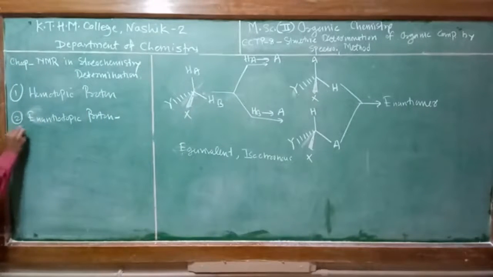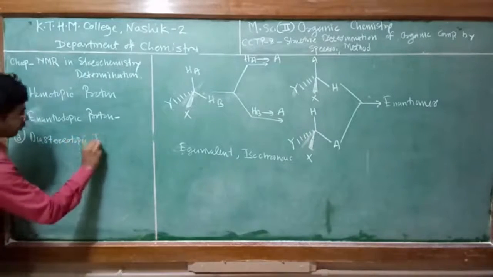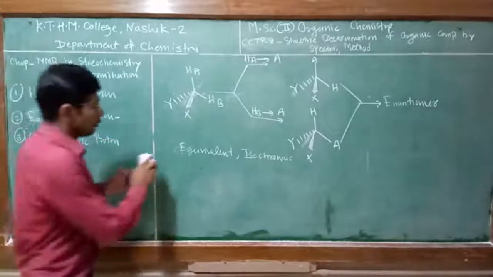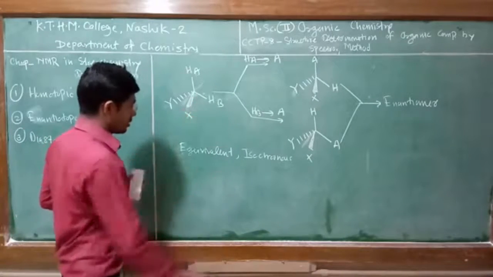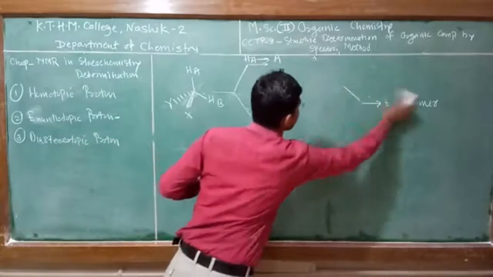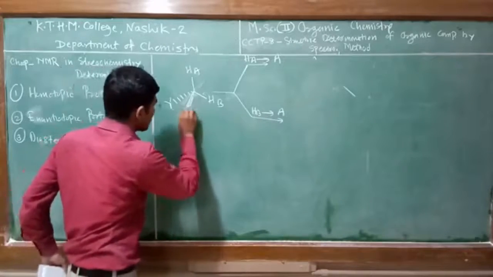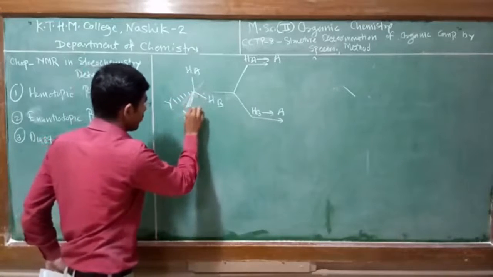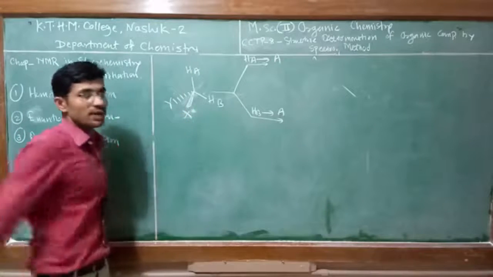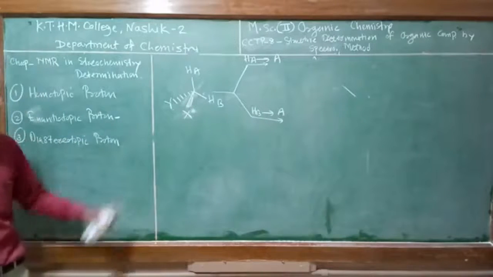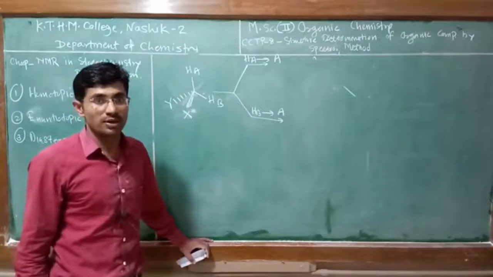So the next point from this topic is the diastereotopic proton. For this I again take the same compound here. Here, what is the difference? I take the same compound, but here we take a group X, so a chiral center is present. This is the chiral center here, and we perform the same kind of substitution test.